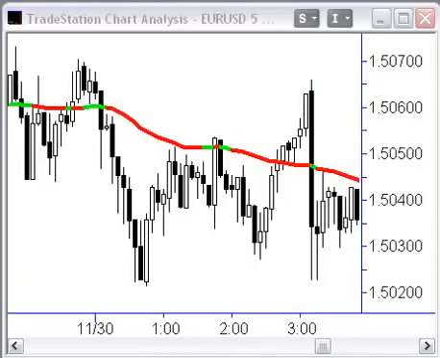Now, if you look up the definition of trend in the dictionary, it will say to extend in a general direction. And that's very important, because it means the generally accepted use of the term trend is not to measure short-term little movements where you get higher highs, higher lows.